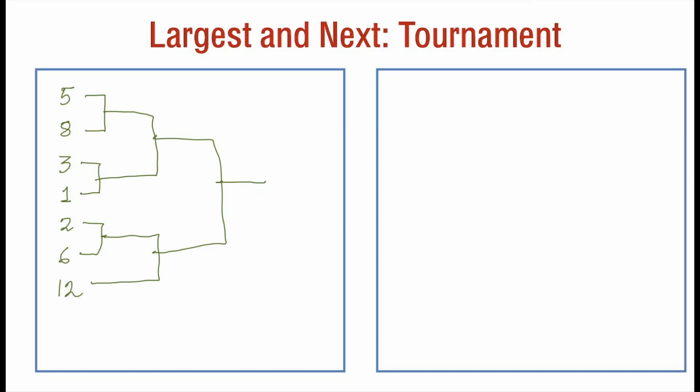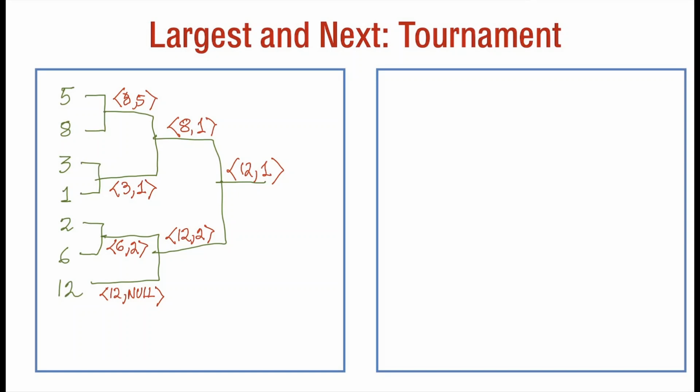And if we do this, then the comparisons that come up at every point in time will return 12, null, 6, 2, 12, 2, 3, 1, 8, 5, 8, 1, and 12, 1.